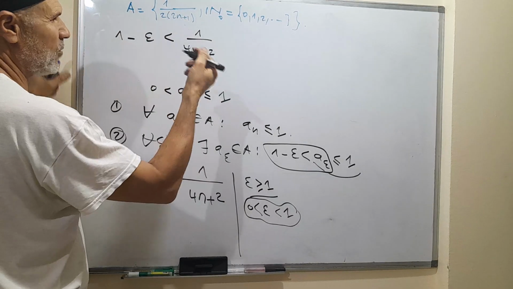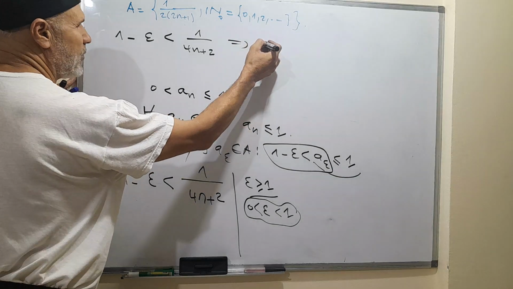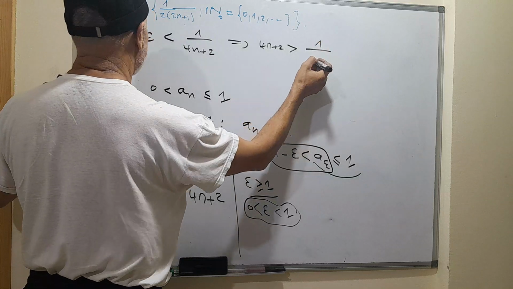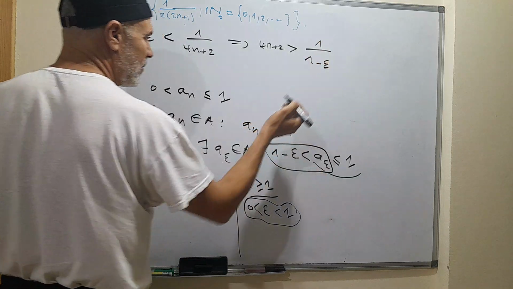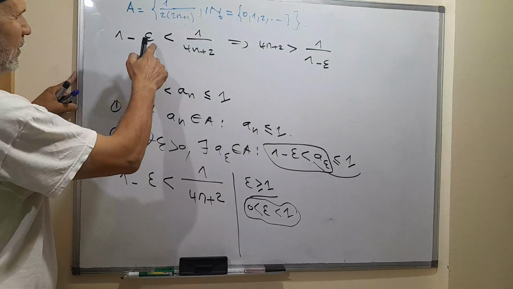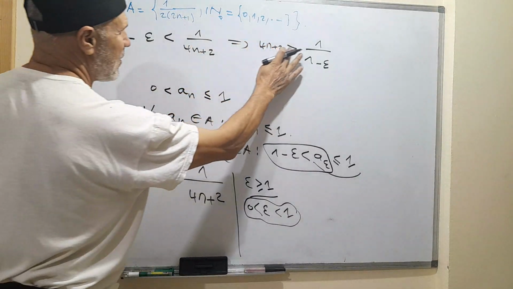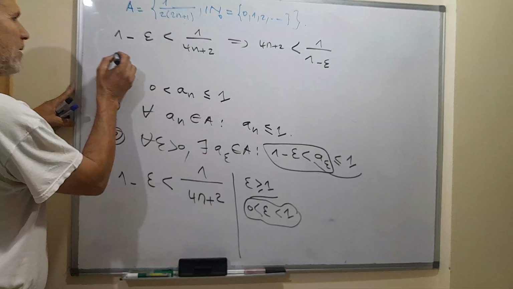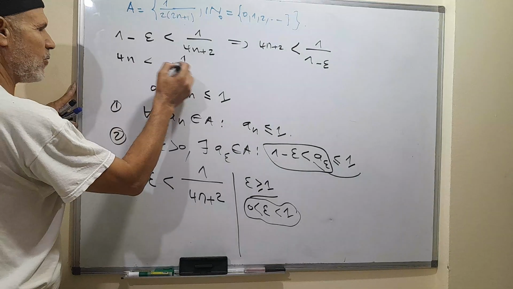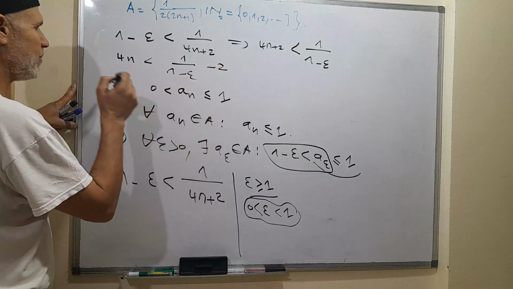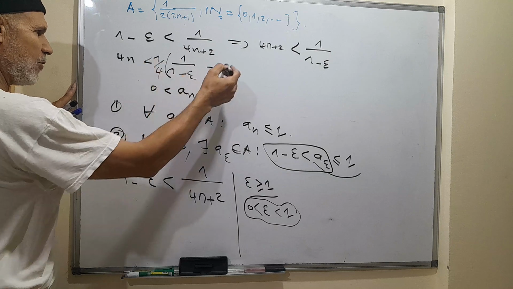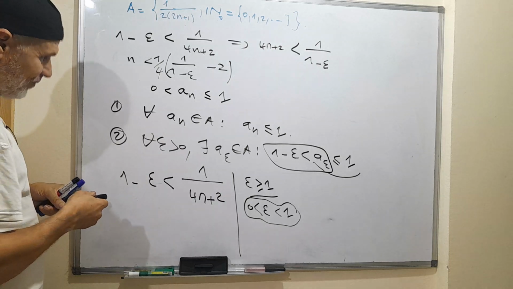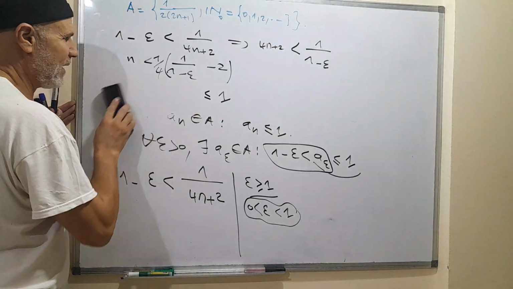We take the inverse and get 4n plus 2 less than 1 over 1 minus epsilon. So n is less than 1 over 1 minus epsilon minus 2, times 1 quarter. Can we find n?